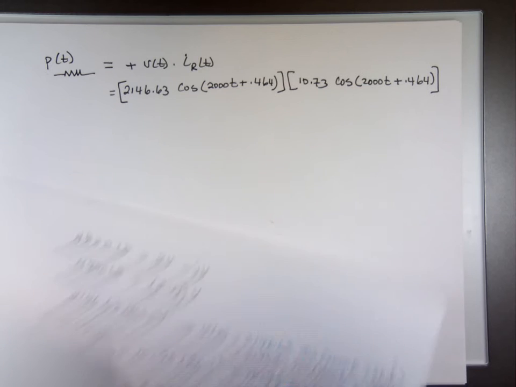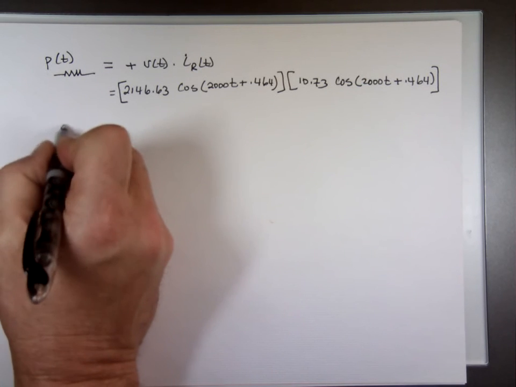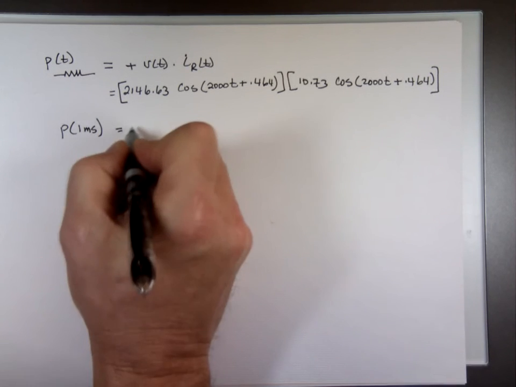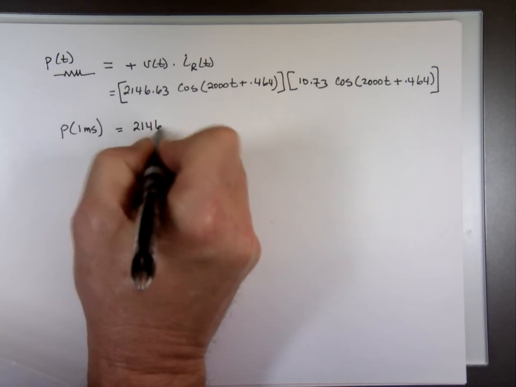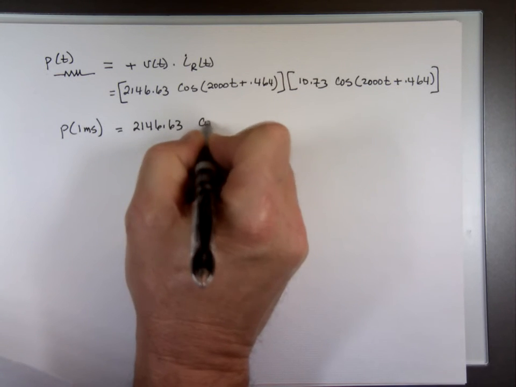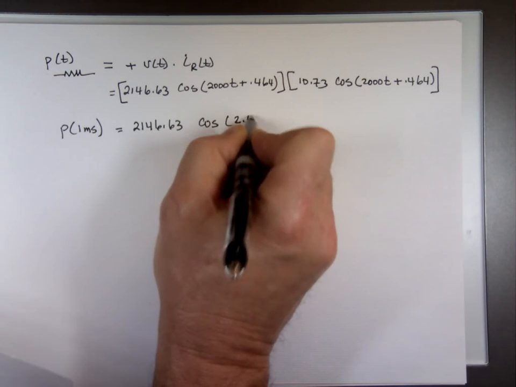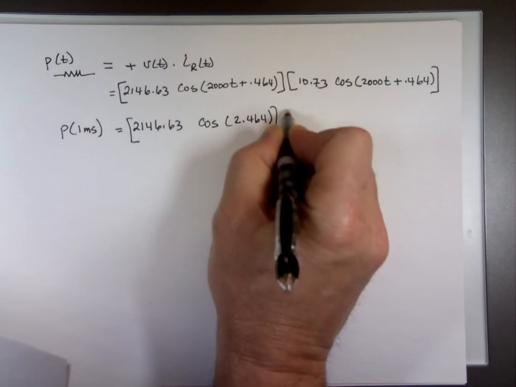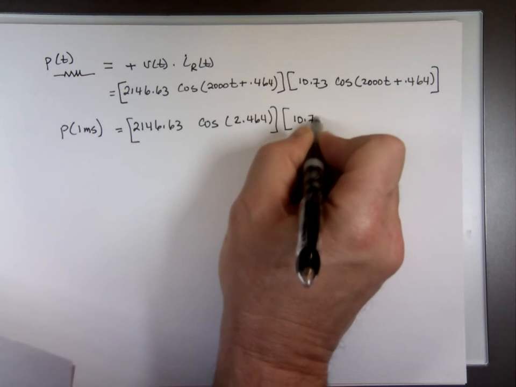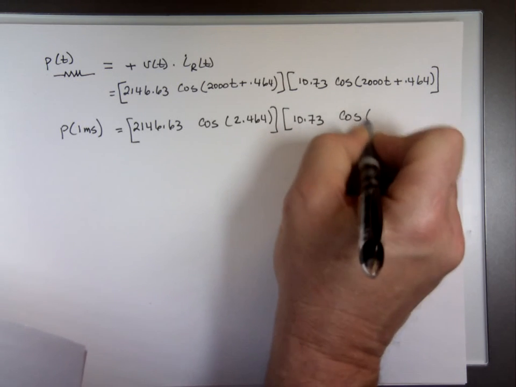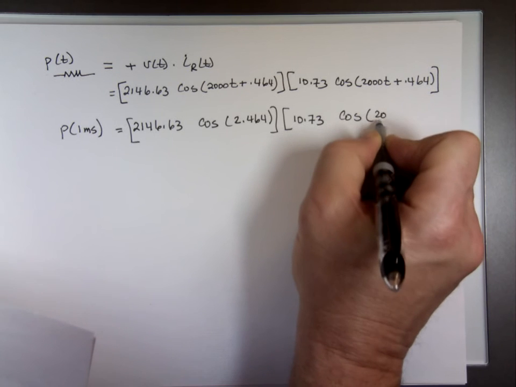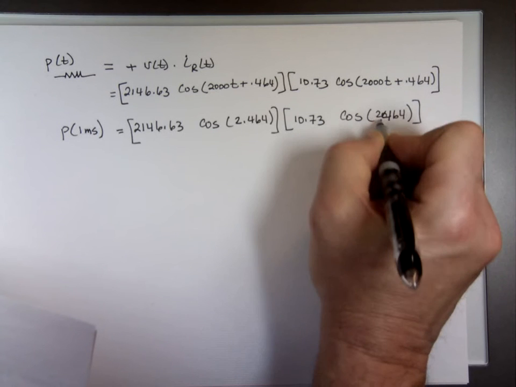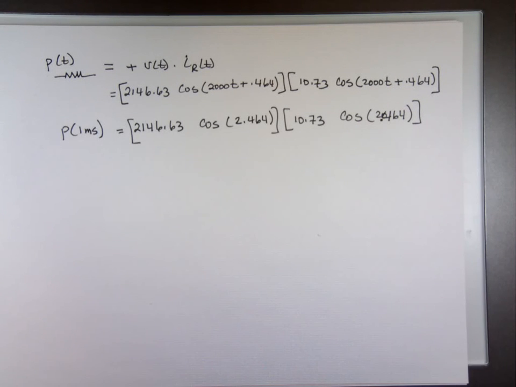Now at 1 millisecond, put in 1 millisecond: 2146.63 cosine 2.464 times 10.73 cosine 2.464. That's 2.464 twice, so it's squared.